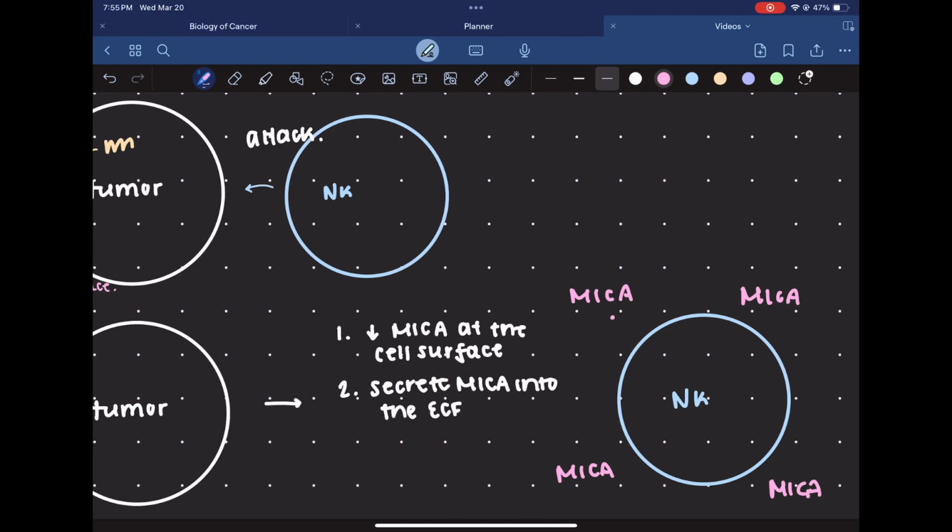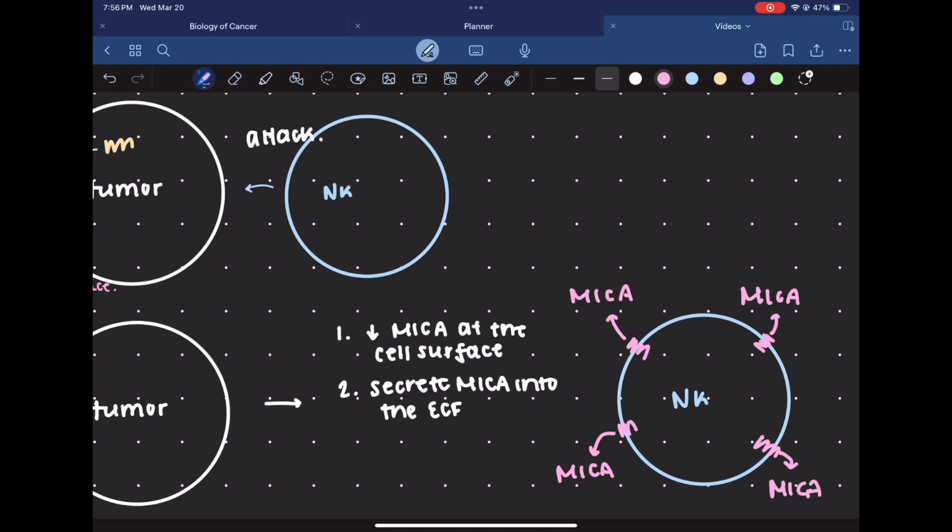So it's still going to be binding and recognizing these MICA molecules. And because its receptors for this molecule, I'll just draw some receptors for this, are going to be saturated.